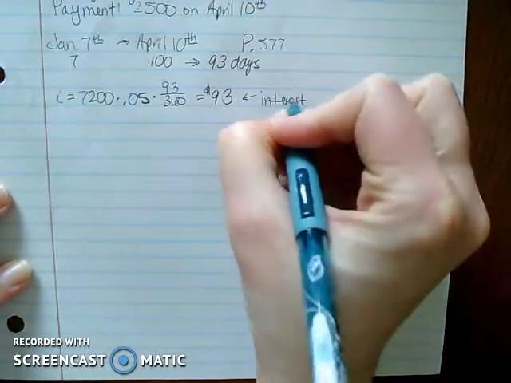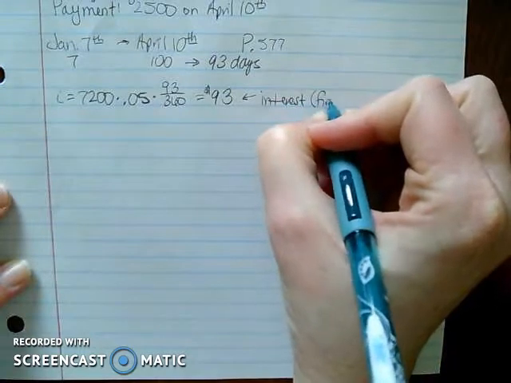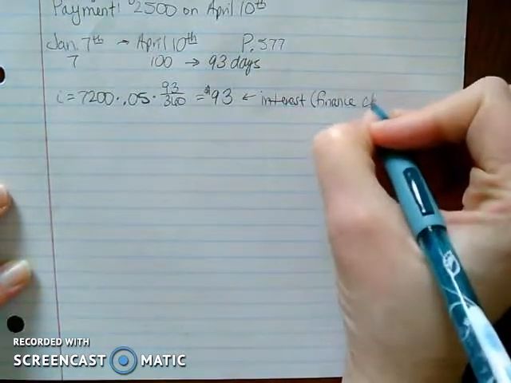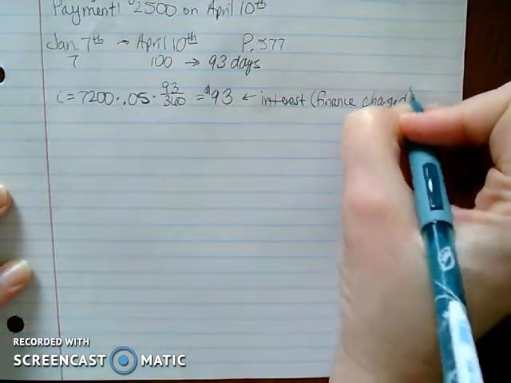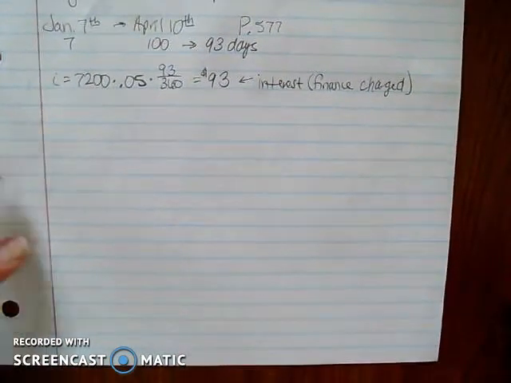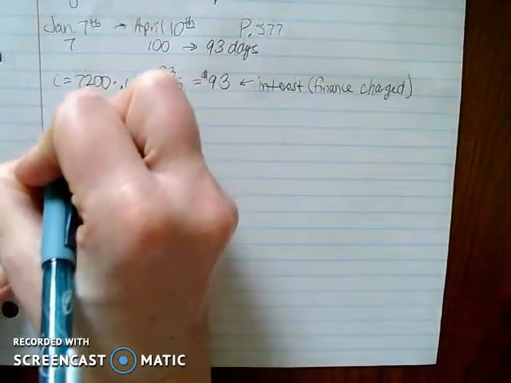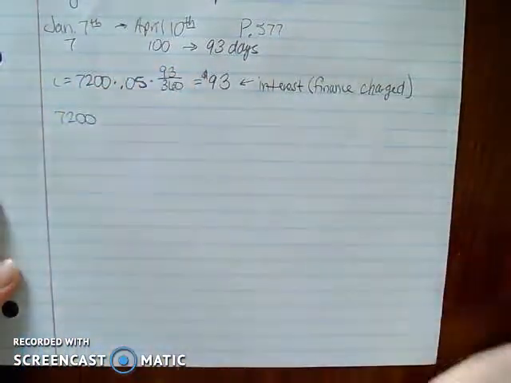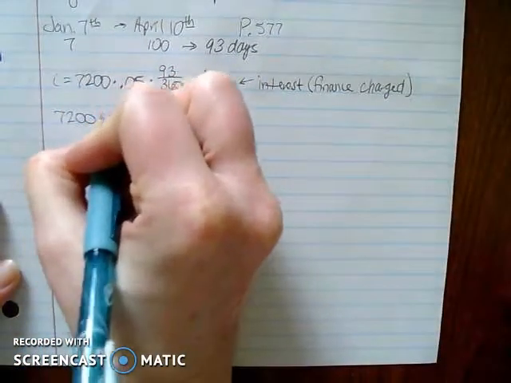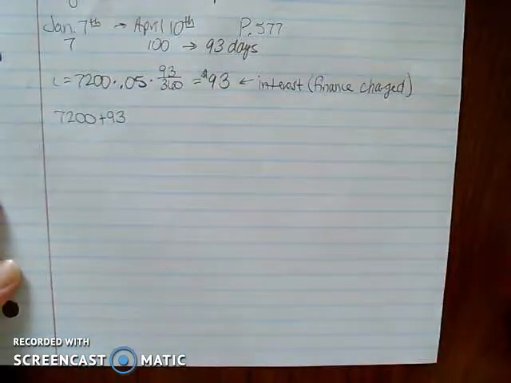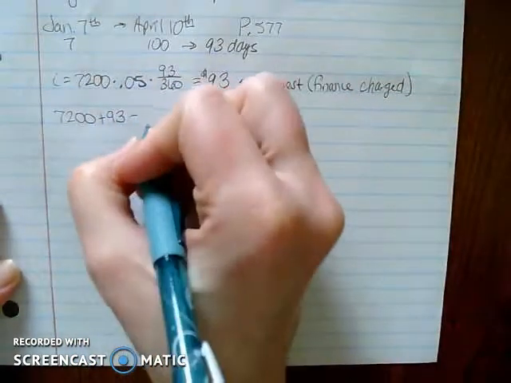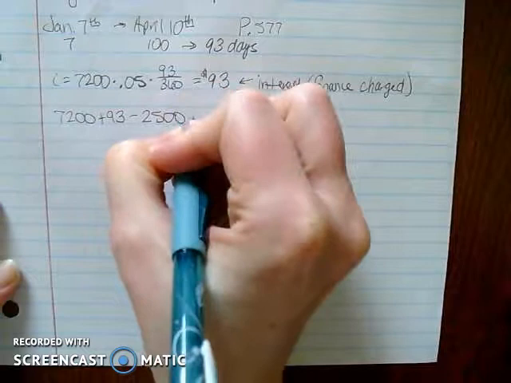And this book usually calls it the finance charge. So what you got charged from the bank or whatever it is to borrow the money. Okay. So what we have is you started with $7,200 for your loan. You have to add on the $93 of interest, and then you take out the $2,500 of your payment.